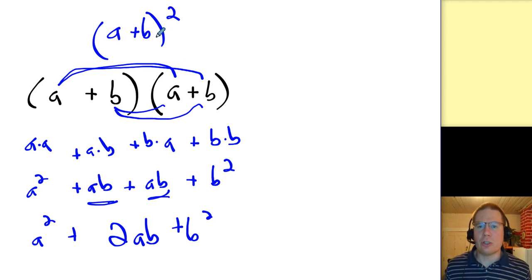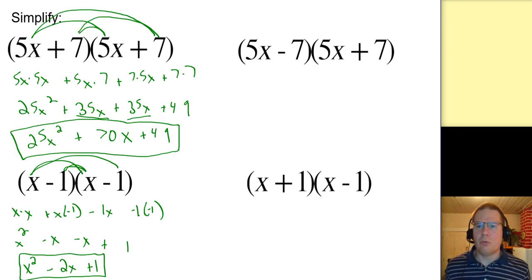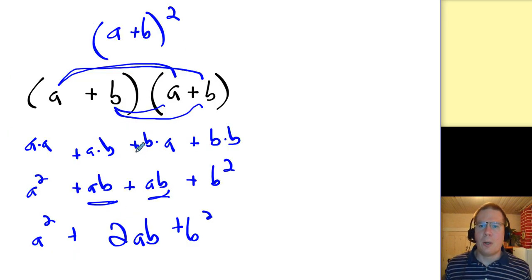It's very clear that I have the same factor twice, because that's what squared means. Here, you might not have even noticed right away that this was the same binomial twice in a row. But this is not simplified because we still have parentheses. This is considered simplified. This is fully factored. Factor means to write as a product. So here it's factored, and here it's factored even more nicely.